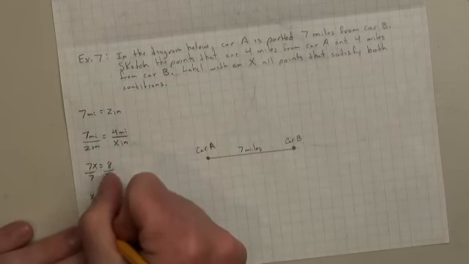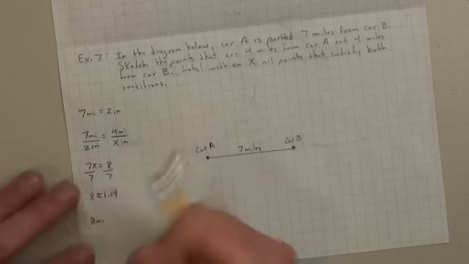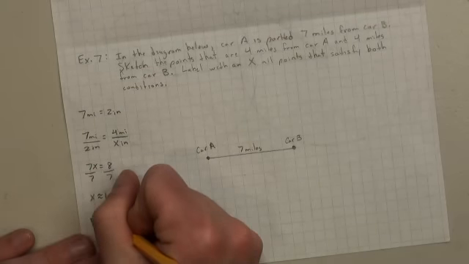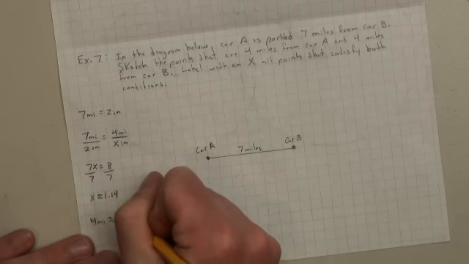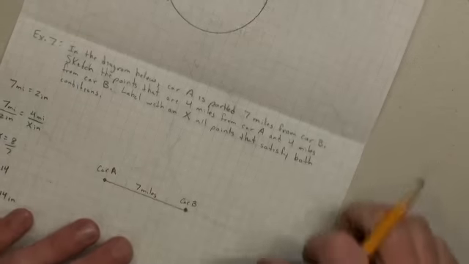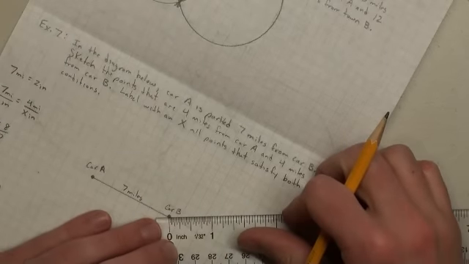So 4 miles, that's what we just solved for. 4 miles is about 1.14 inches. Okay?